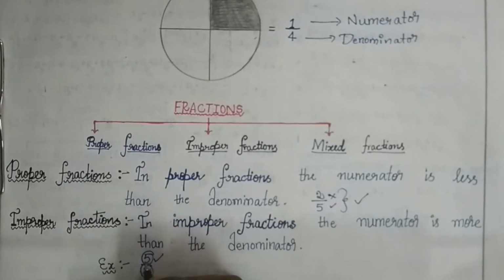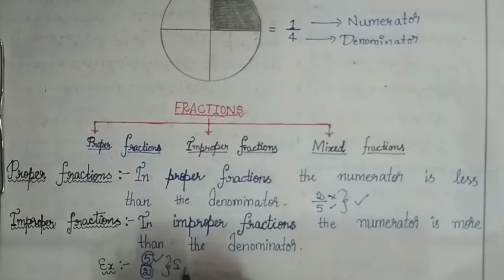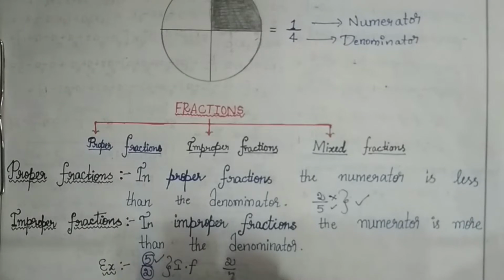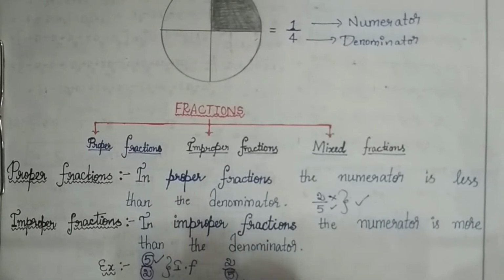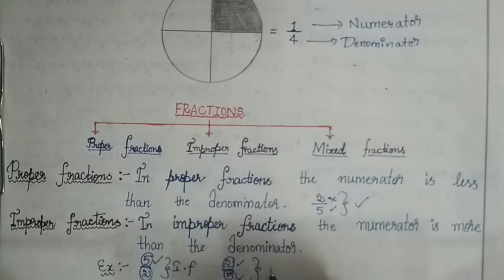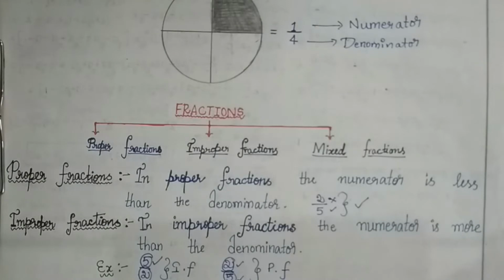So here 5 by 2 is an improper fraction. But whereas 2 by 5, here 5 is greater than 2. So this is known as a proper fraction.